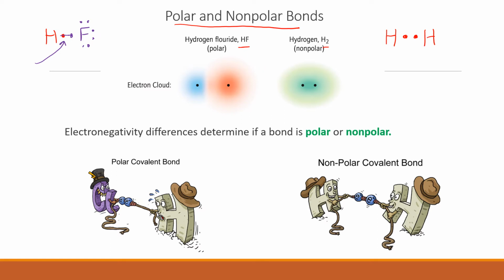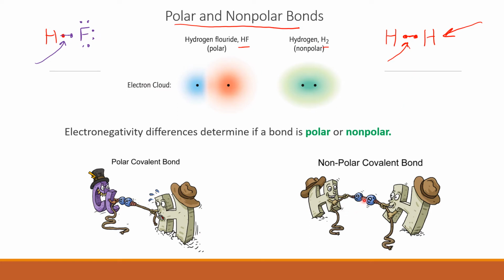Now we know that atoms have different tendencies or ability to attract the shared electron, the bonding electron. In case of hydrogen molecule, both sides of the molecule have a hydrogen atom, so they are the same atom, and therefore their ability to pull or attract the shared electron is equal.